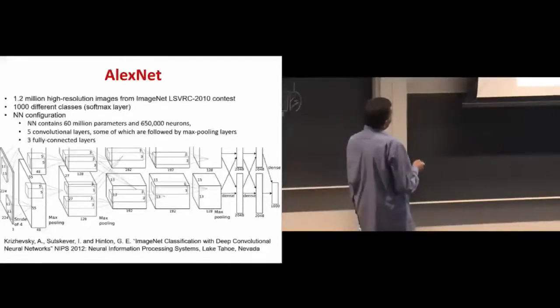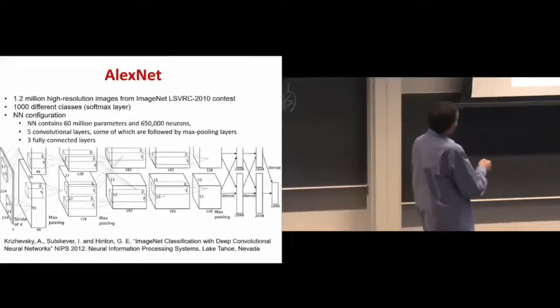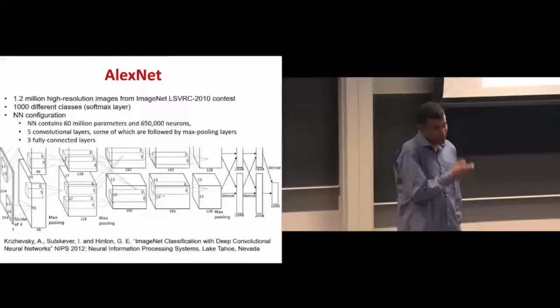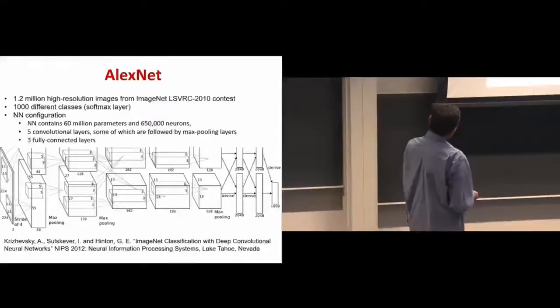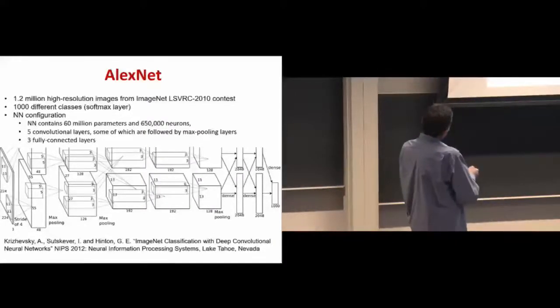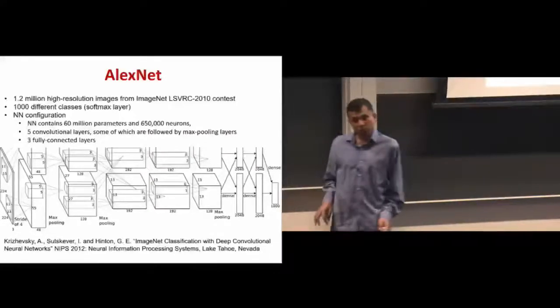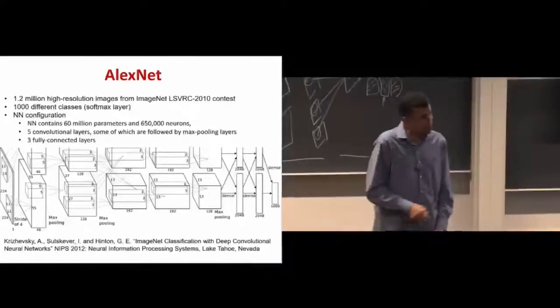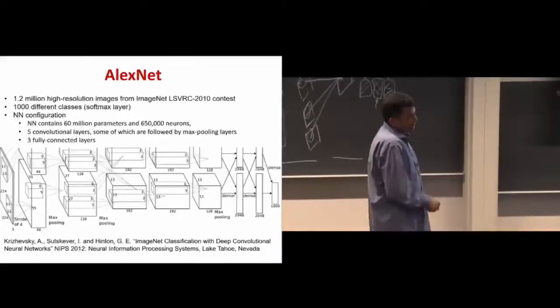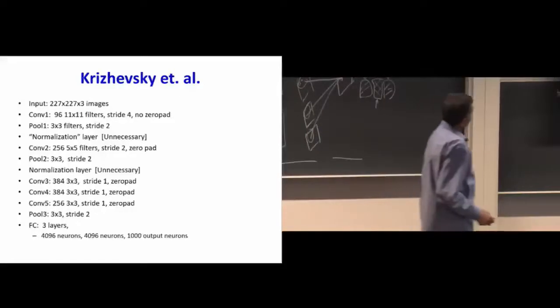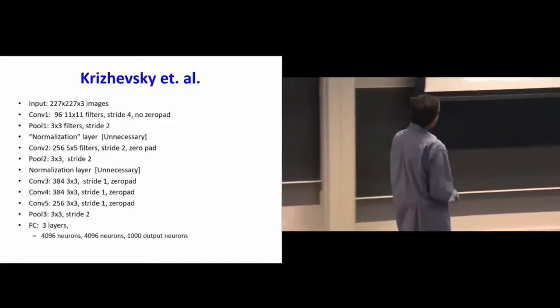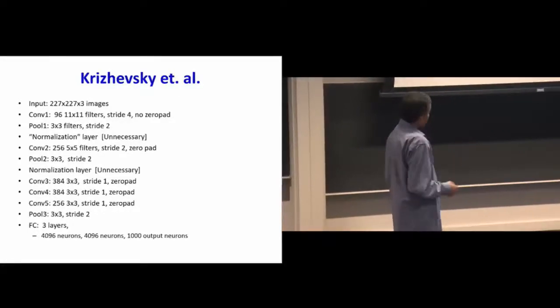And this network contains 60 million parameters and 650,000 neurons. 5 convolutional layers, some of which were followed by max pooling layers, and finally 3 fully connected layers. The network was so large they had to distribute it over 2 GPUs, which is why you have 2 blocks over here.